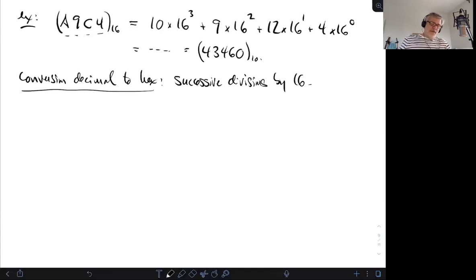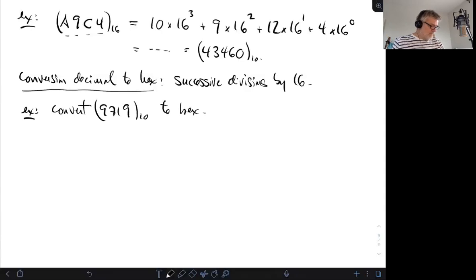Now, I'm going to do an example in just a sec, but well, I might as well. Okay, let's do it. Here we go. So let's convert 9719, that's in decimal, to hex.